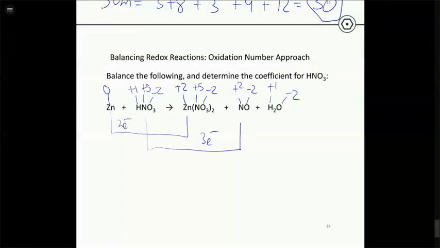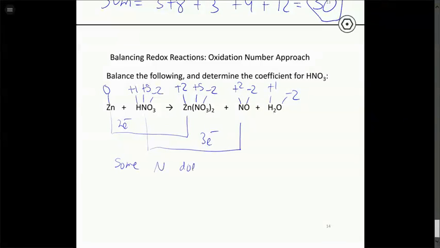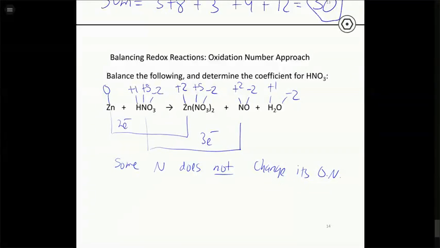If this is the case where some nitrogen does not change its oxidation number, a convenient way to handle this is to separate it out into 2 portions. So one portion of the HNO3 we're going to balance out using the oxidation number approach based on how many electrons it's losing or gaining. The other portion we're going to balance by inspection at the end to make sure that everything is totally balanced.